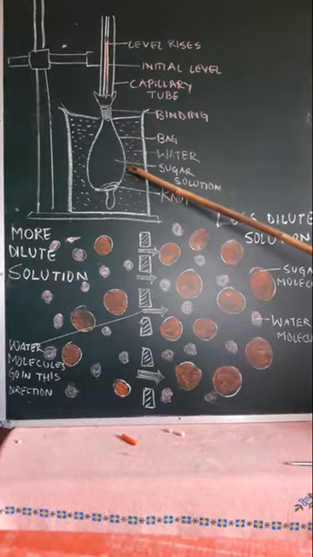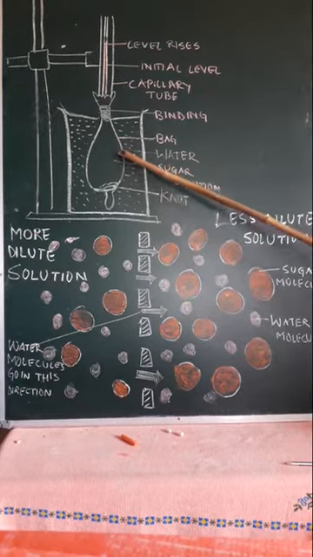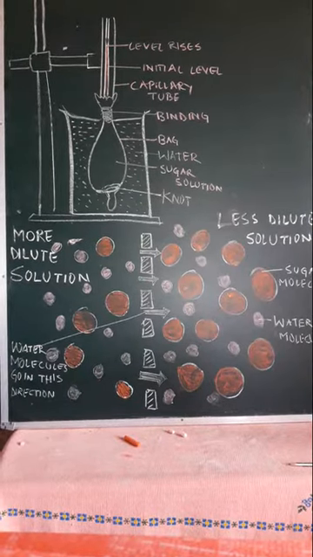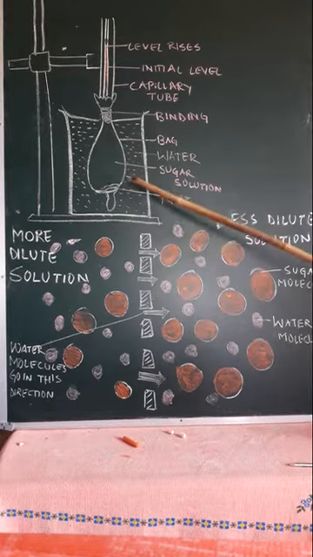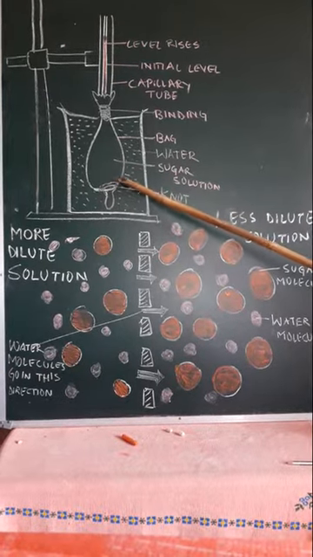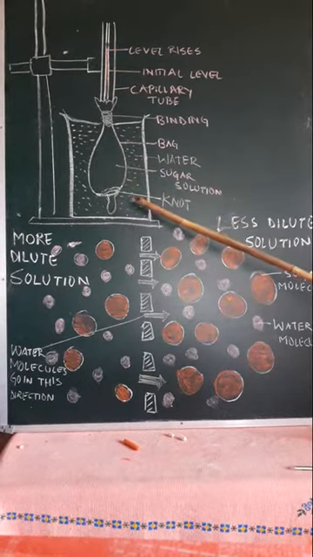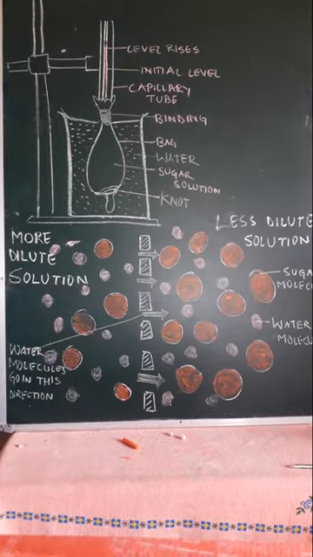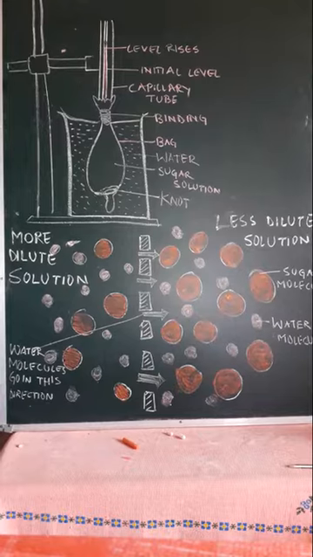Here, two regions are separated by a whisking bag which is acting like a semi-permeable membrane. A semi-permeable membrane is one which allows only certain, smaller molecules to pass through it, like water molecules passing through the whisking bag, and the larger molecules will be held back. So here the osmosis continues.